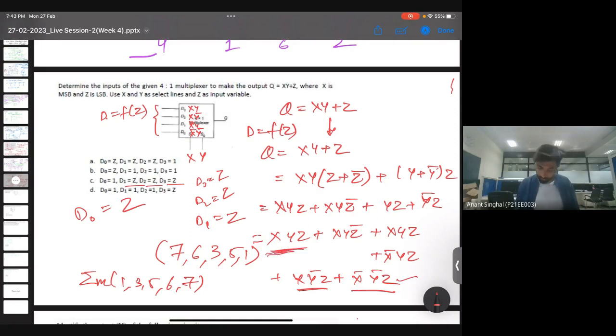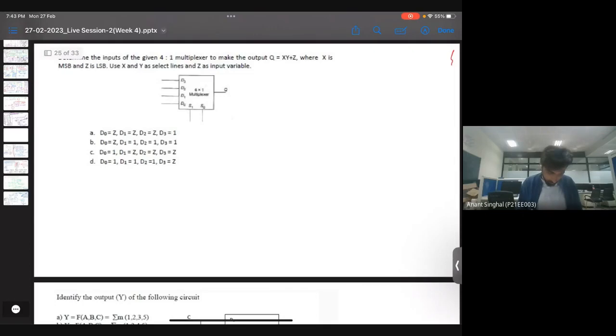So x y is 2 times, so it is 1. D3 is 1. So D3 is 1, and then D2 is x bar x y bar, which is z, then this is z, then this is z. Yeah, so d3 is 1 and rest of them are z.